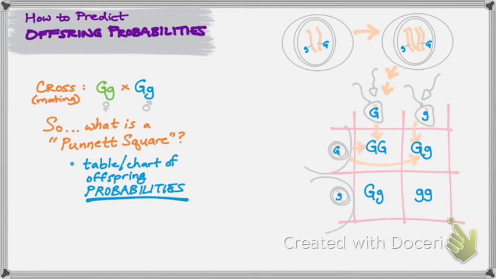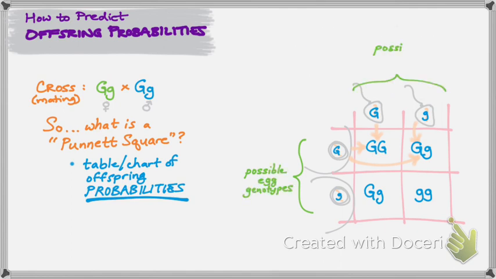Well, it's a little bit easier to read than the previous thing that I'd drawn out, the thing that looked like foil. On the left, we've got the egg genotypes laid out. And on the top, we've got the possible sperm genotypes. And then just to remind you, all of these things inside the green box, those are the equal probabilities of possible offspring.